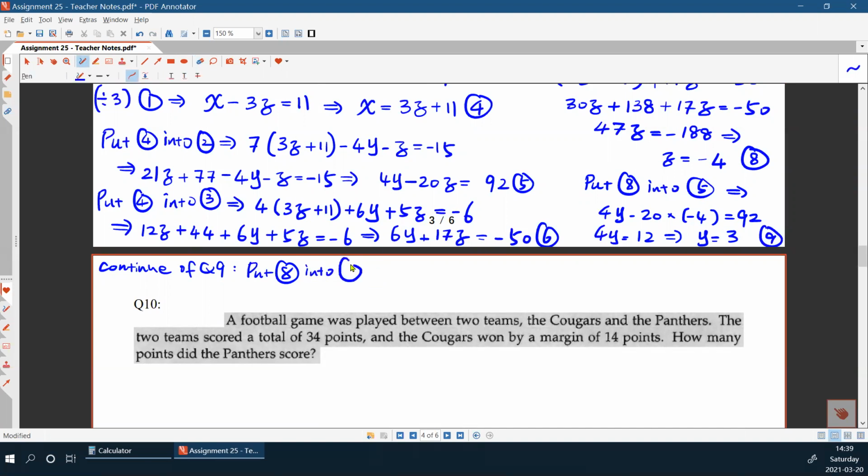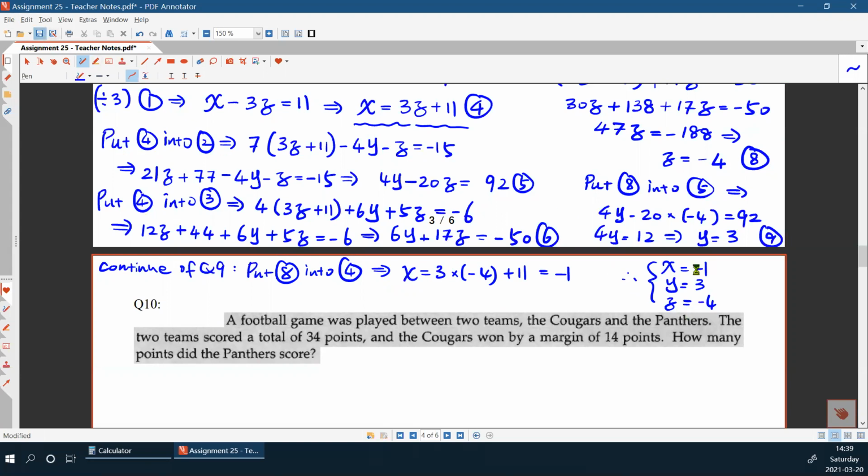Just put number 8 into 4. Note that in equation 4, there is a relationship between x and z. So in that way, you will get x is 3 times z, which is minus 4, plus 11, which is minus 1, right? Okay, so our final solution is x equals minus 1, y equals 3, and z equals minus 4, right?